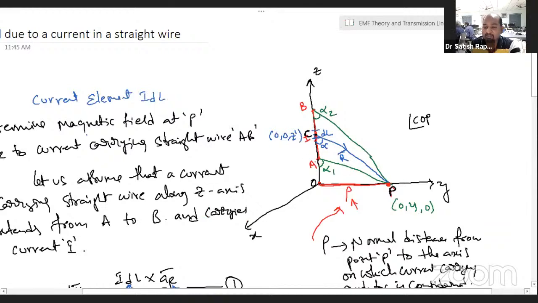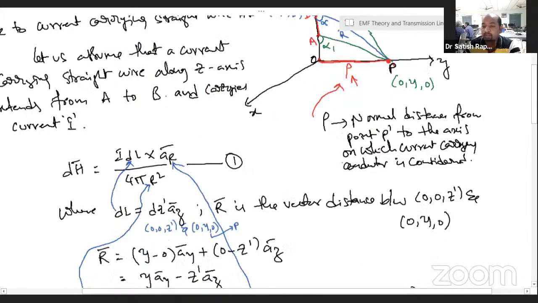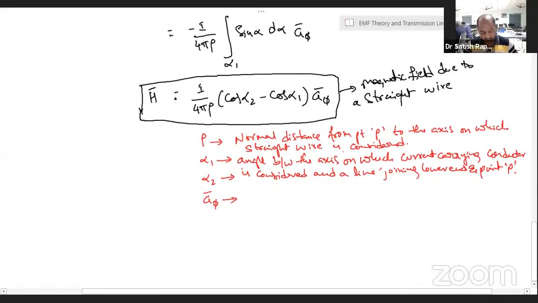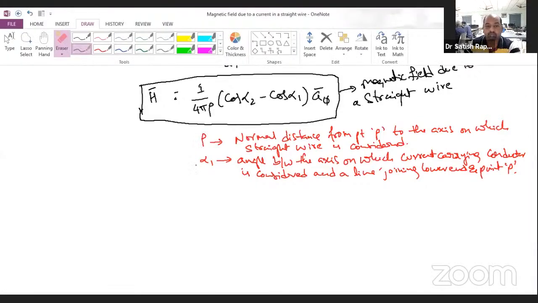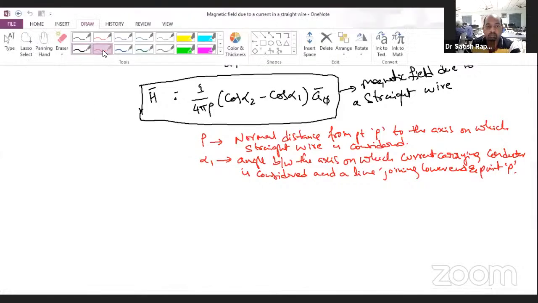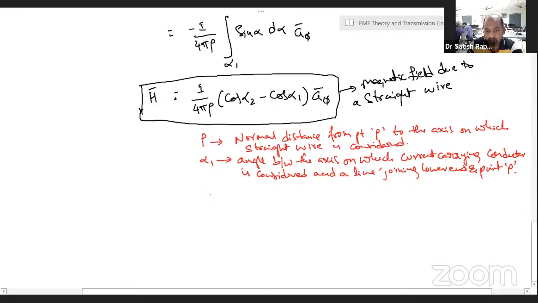Lower end means A. A is the lower end to point P is the angle alpha 1, right? And coming to alpha 2, what is alpha 2?